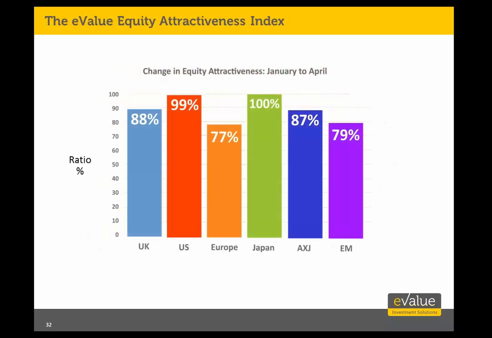Then moving on to what we've termed the eValue Equity Attractiveness Index. Now, what is this? Well, within the model we have a long-term equity risk premium, which is benchmarked on the UK market and on a long observed history of equity risk premiums.